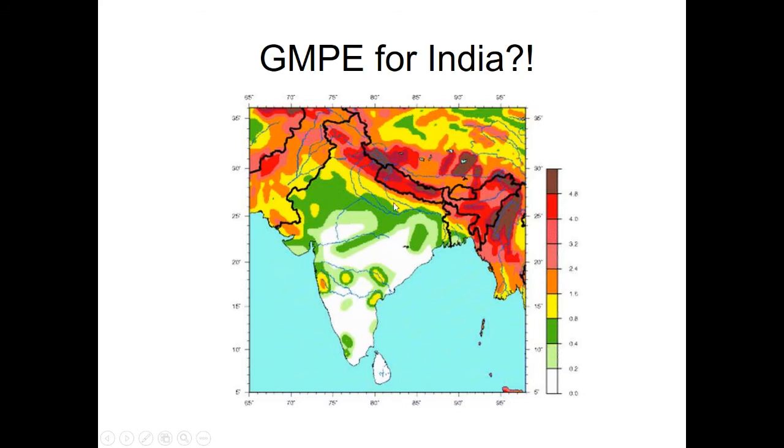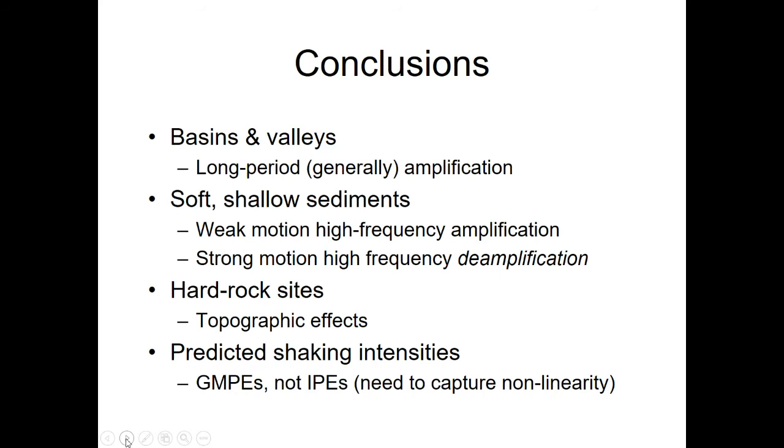You have very different paths in different parts of the region. And I'm sure work is ongoing. I'm sure there's more results than I've seen, but because the data are limited, it's been a very challenging problem to develop good modern ground motion prediction equations.